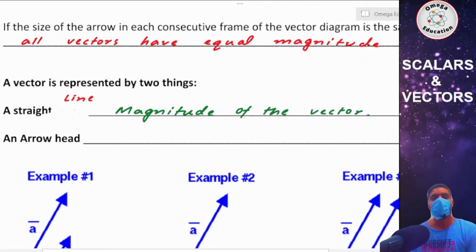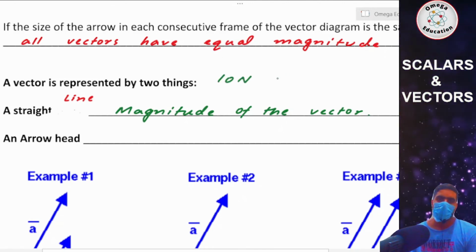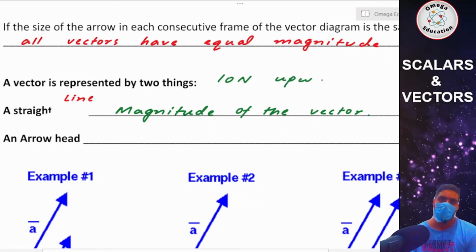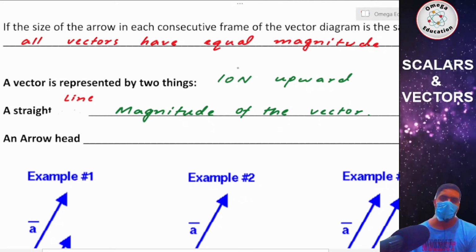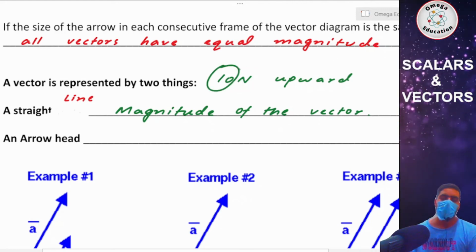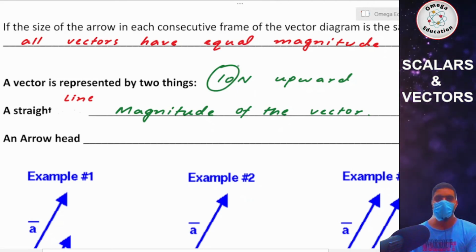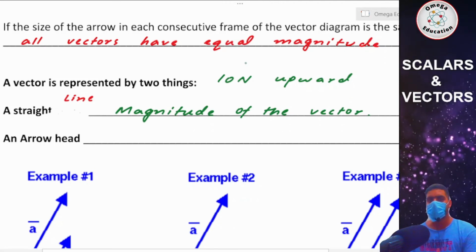Now what do we mean by magnitude? Let's say there is a force of 10 Newton upward. Upward is the direction. Newton is the unit, and the number followed by the unit is called magnitude. So what is the value of that vector in number?